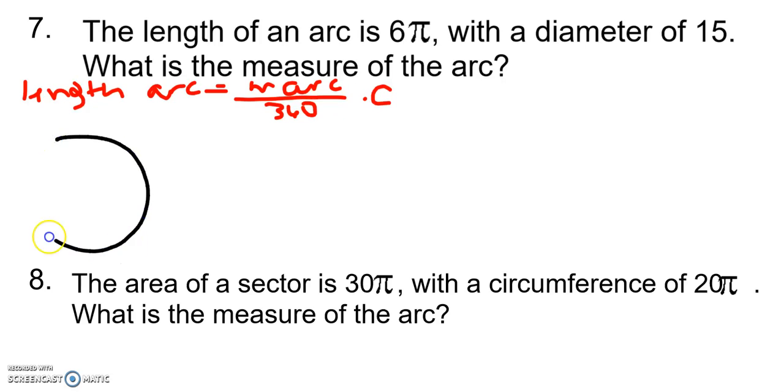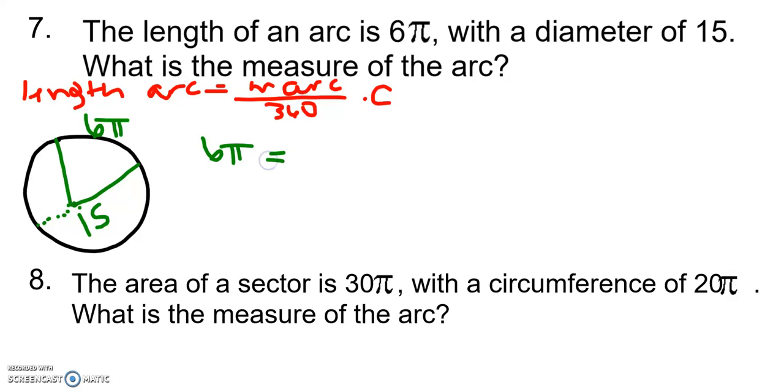And then let's draw our picture here. So we have our circle, and then we have some arc here that measures 6 pi. Our diameter is 15. Okay, so we know that the length already is 6 pi. So we know the length. We don't know the measure of the arc. And then we can figure out the circumference using our diameter, so that would be 15 pi.